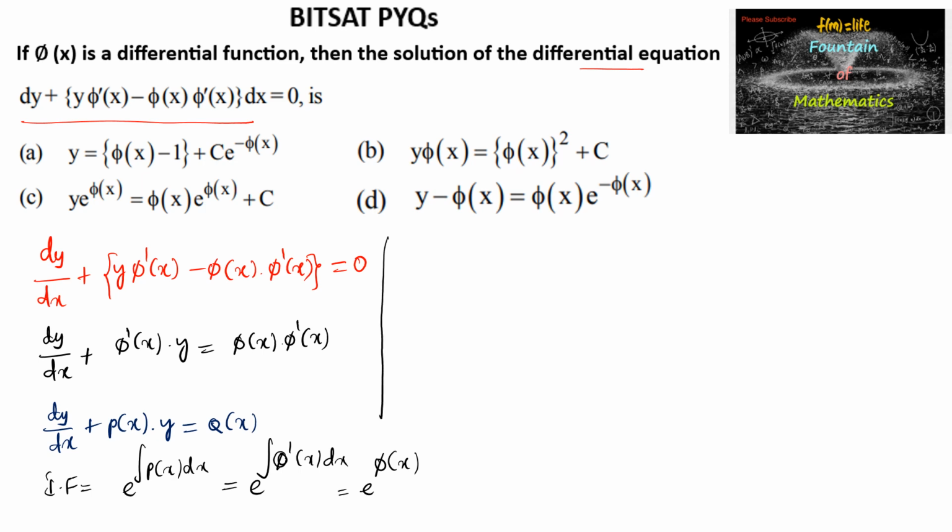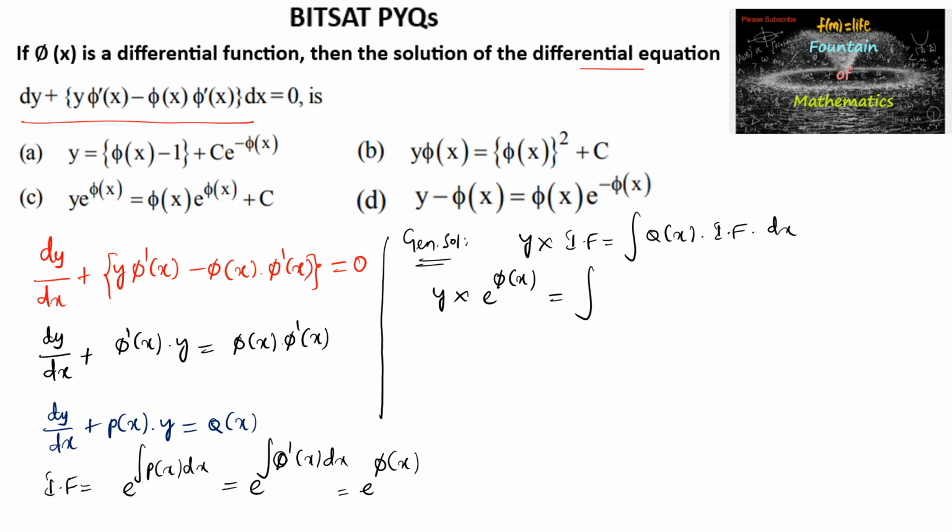And now the general solution: y into integrating factor is equal to integral of q of x into integrating factor dx. So y into e to the power pi of x is equal to integral of q of x, which is pi of x into pi dash of x, into e to the power pi of x dx.